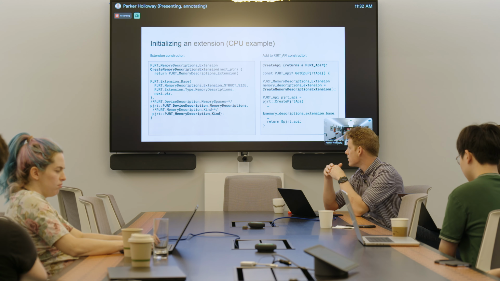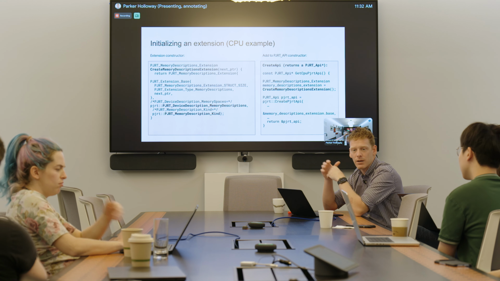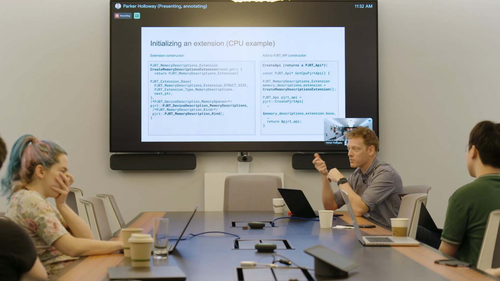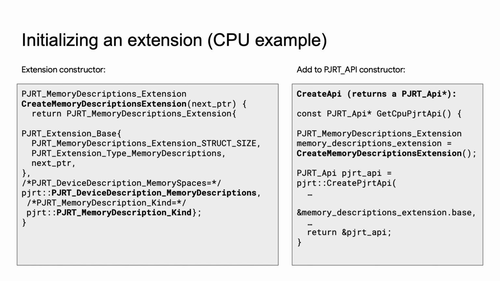It provides the type, using the enumerated type that I mentioned before. And then it has the next pointer in the linked list to the next extension. This extension has 2 different function pointers that it provides. It provides the memory descriptions, and it provides the kind of that memory.